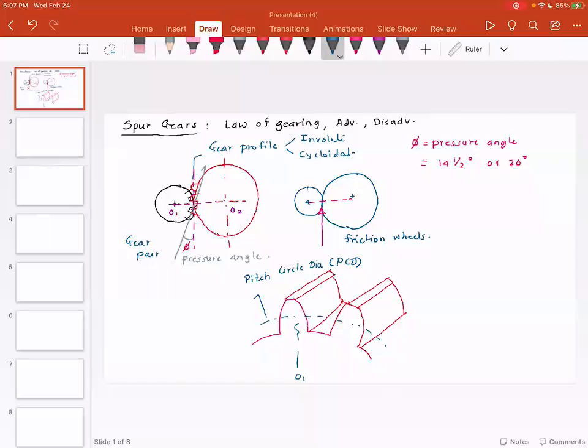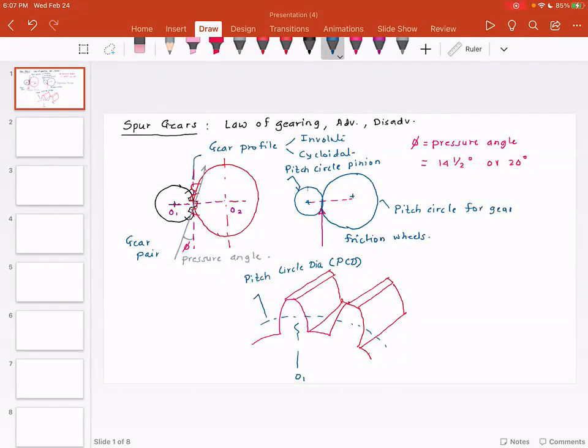So this is the pitch circle for pinion, and this is the pitch circle for gear.